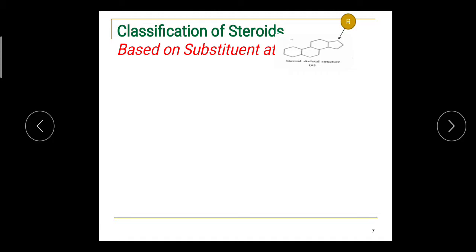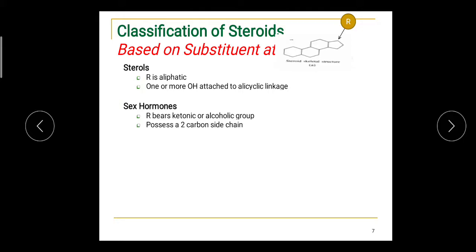Now, classification of steroids based on the substitution at the C17 position. If the side chain R present at carbon number 17 is aliphatic, having one or more hydroxyl groups, and it is attached in a straight chain, then this steroid is called a sterol.